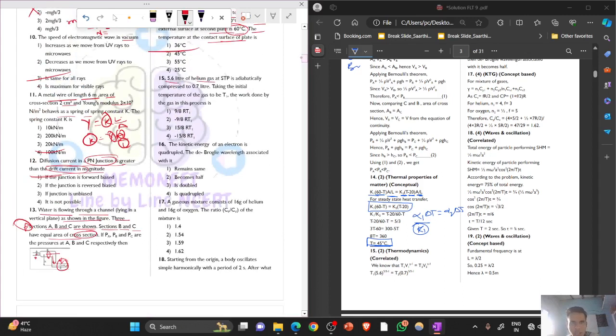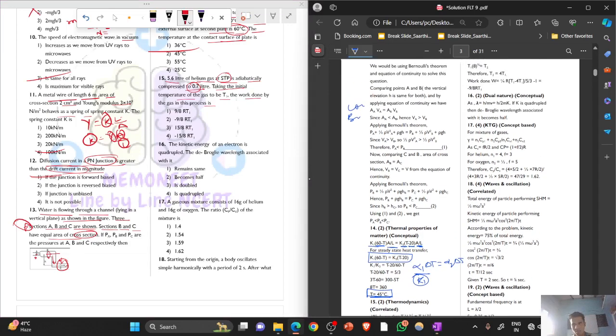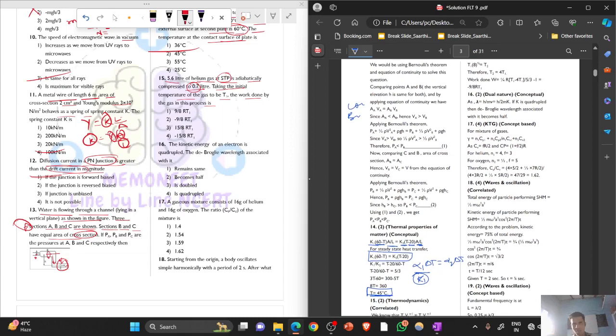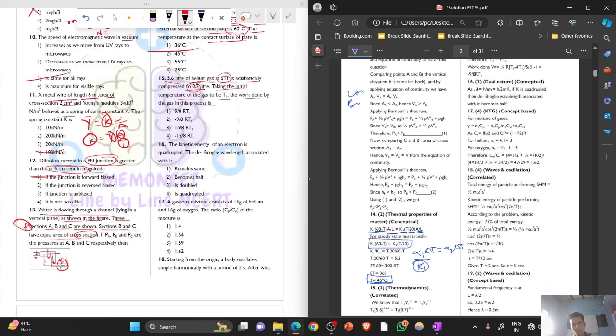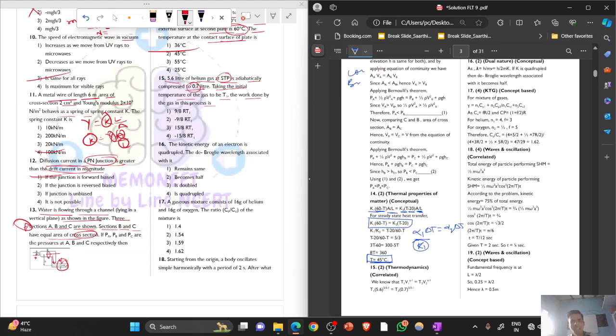5.6 liter of helium gas at STP is adiabatically compressed to 0.7 liter. STP is standard temperature and pressure. Taking the initial temperature as T1, find the work done by the gas. You just need to calculate the work done. First, you need to use the adiabatic equation.